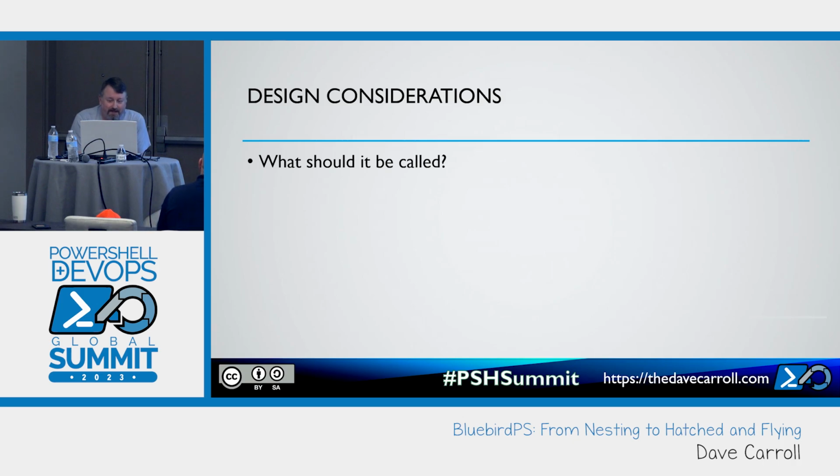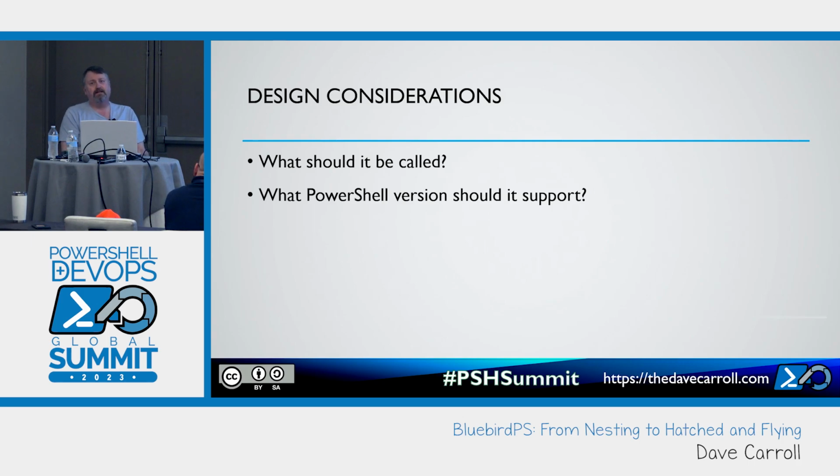Really, it did. So whenever you're creating a module, one of the next things you should think about is, what PowerShell version should I support? Do you need to support version 2? Do you need to support version 3, 4, whatever? And this was sort of a greenfield module for me, and I thought, I'm going to just target PowerShell 7.